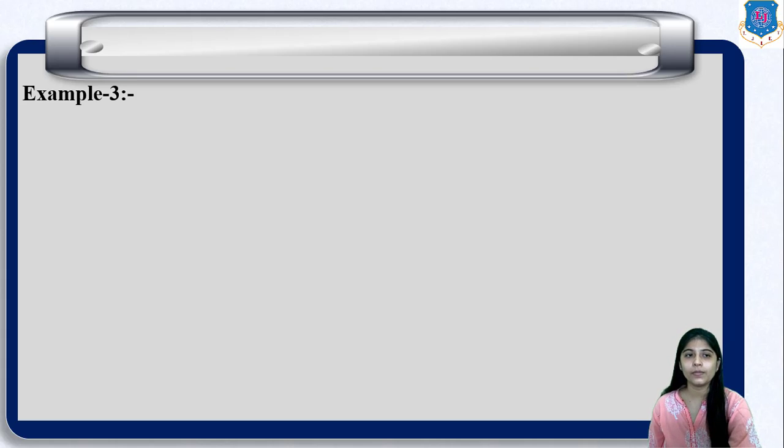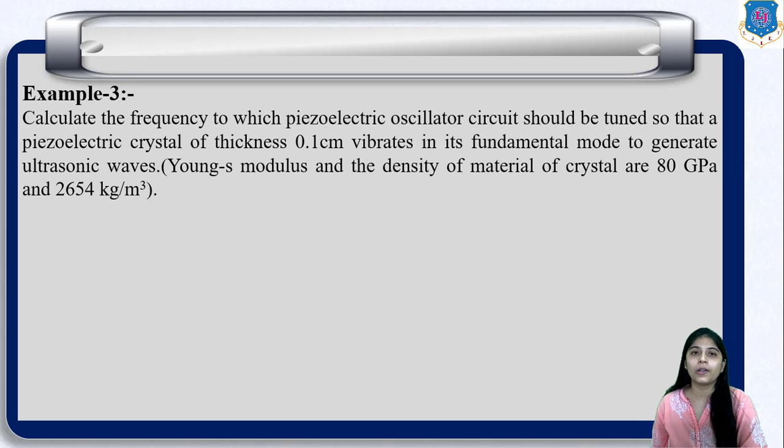Now the next example, example 3. It is given: calculate the frequency to which a piezoelectric oscillator circuit should be tuned so that a piezoelectric crystal of thickness 0.1 centimeter vibrates in its fundamental mode to generate ultrasonic waves.